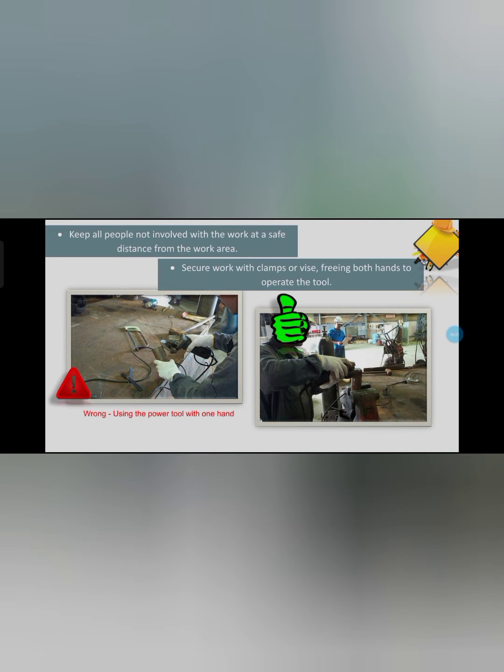This is the right thing to do: secure your work with clamps or a vise, freeing both hands to operate the tool, and use both hands to operate it.